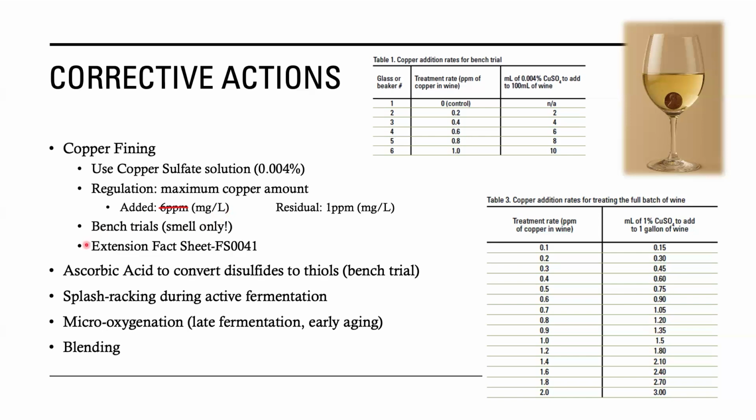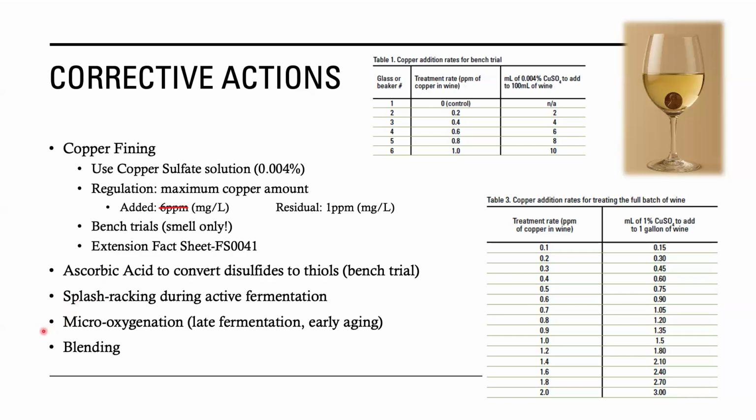And there are some other things that can help. Ascorbic acid, if you're at the garlic onion stage or getting there, ascorbic acid can help. And within that extension fact sheet, it talks about how to add the ascorbic acid and how to do bench trials for those. Like I said before, during active fermentation, you can do some splash racking.